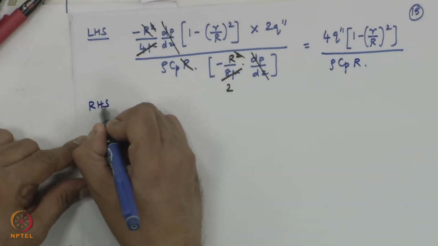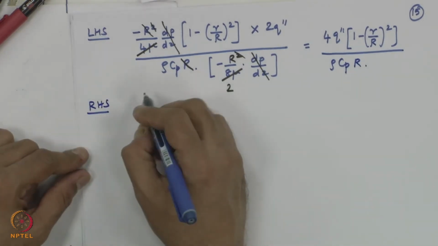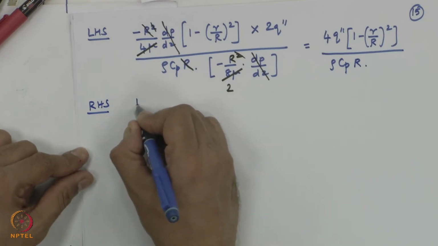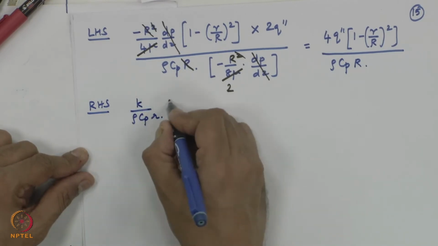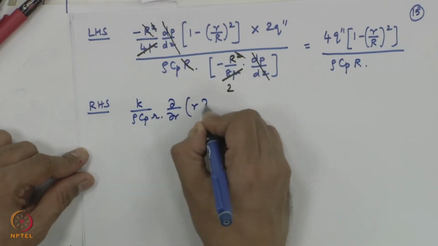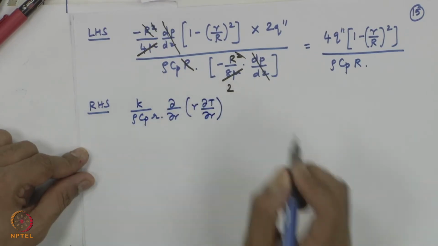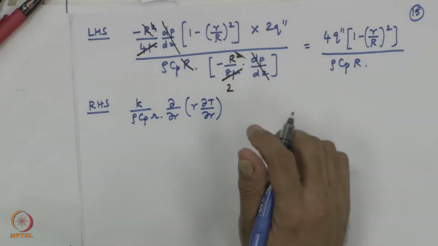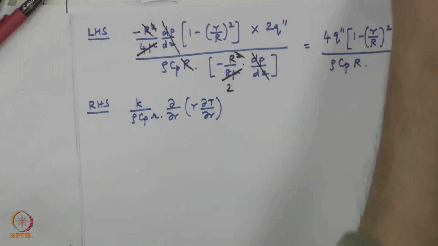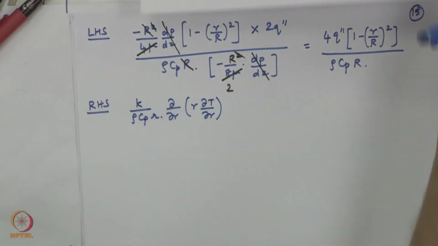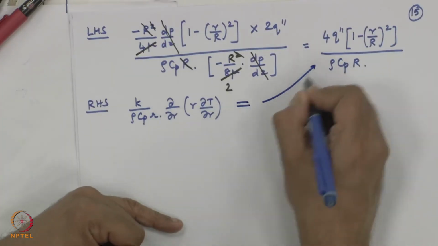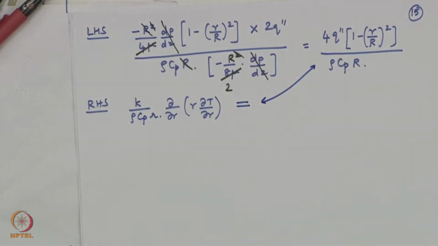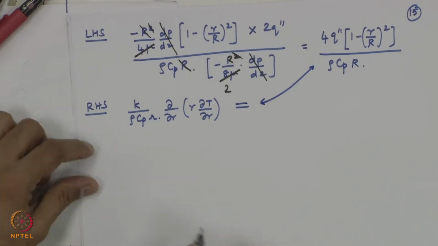What is my right hand side? Right hand side is k over rho Cp r d/dr of r dT/dr. This is equal to this quantity. So, I am merely going to equate these two.